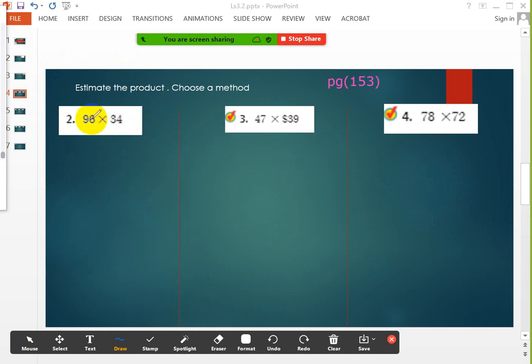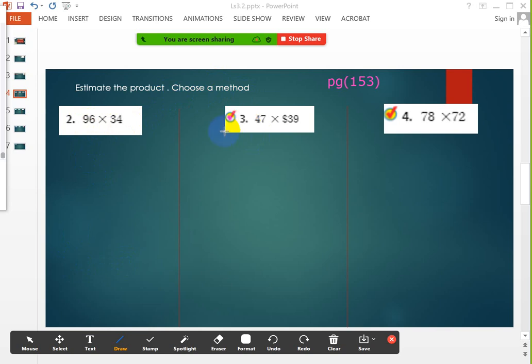First, I want to find the answer for this number: 96 multiply 34. So you can choose any method. So let's start. Here I will use comparable numbers.